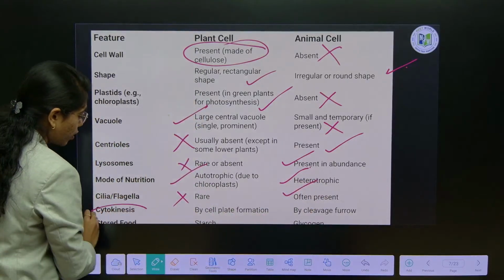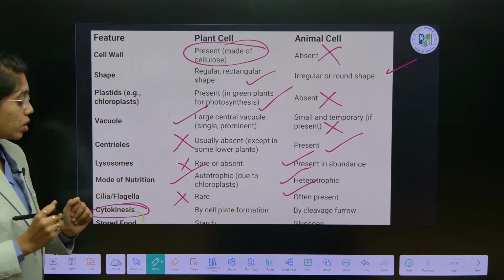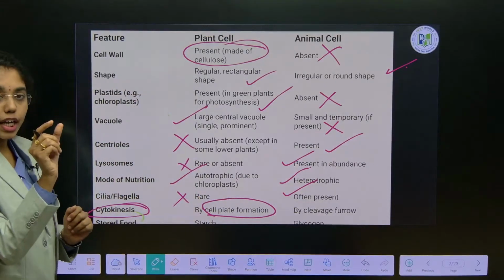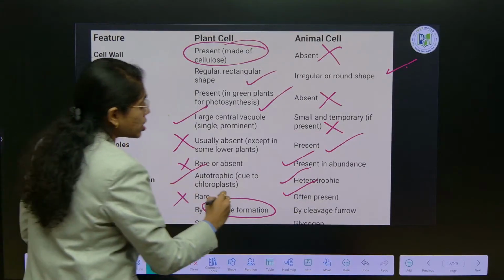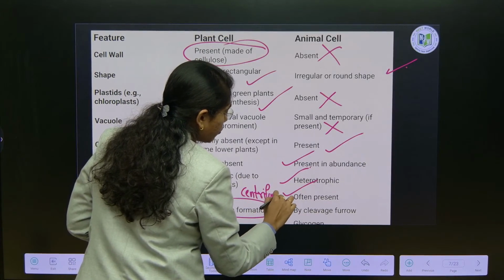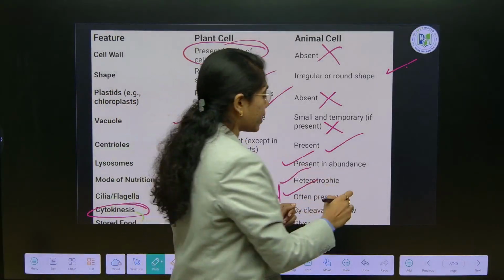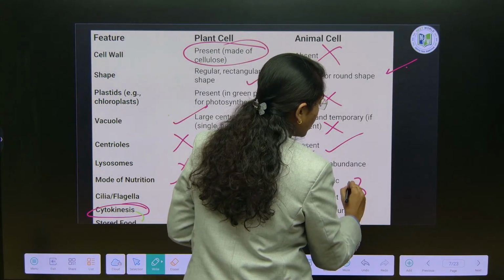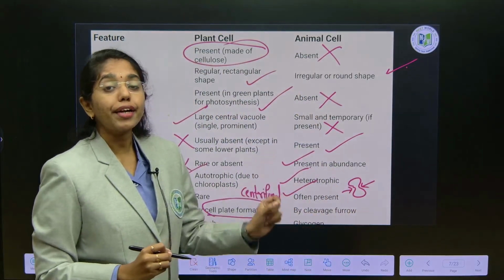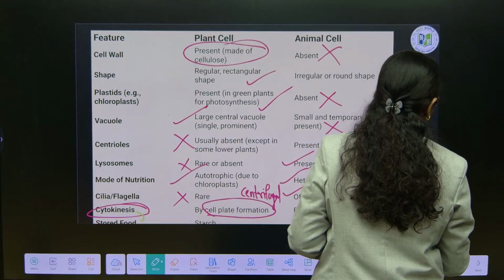And cytokinesis, how does cell membrane or cell wall division happen? It is through the formation of a cell plate from the center to the periphery, which is centrifugal, in a plant cell, and it is from the periphery to the center by the formation of a cleavage furrow, which is centripetal, in an animal cell.